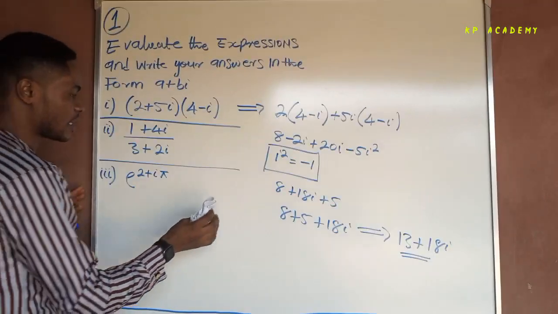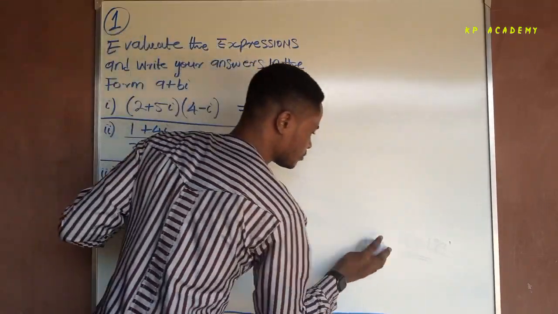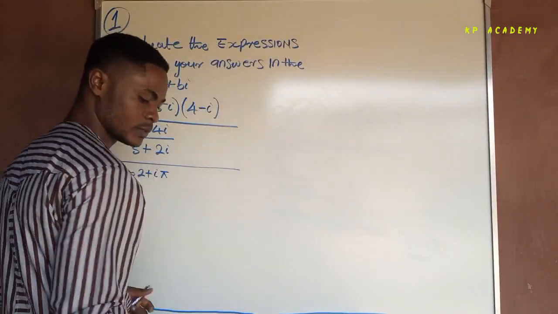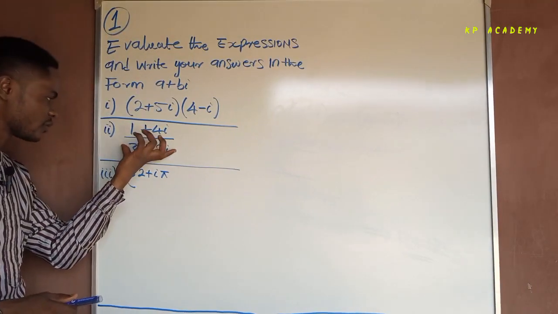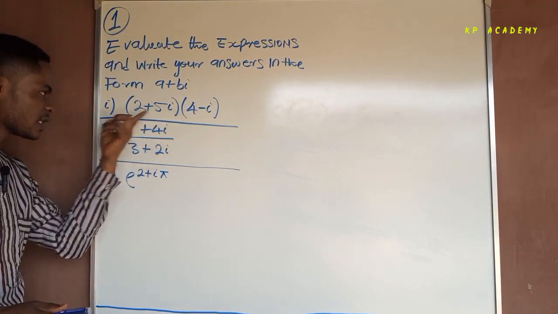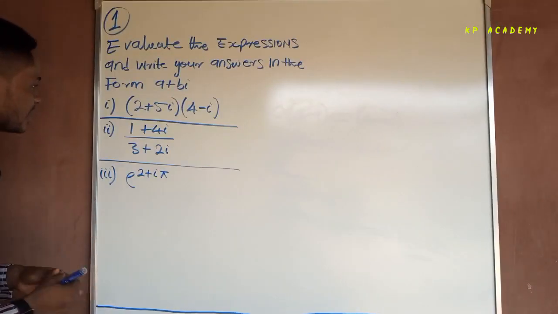So let's tackle the second one very quickly. For the second one, this is nothing but division of complex numbers. Don't forget, the first one is multiplication of two complex numbers, and the second one is division of two complex numbers.